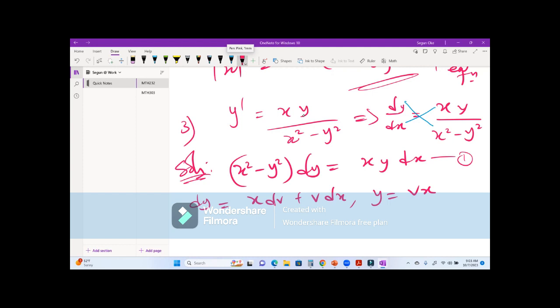So if I change the direction, I can say that I have x times vx dx equals x squared minus v squared x squared, and the dy is the same thing as x dv plus v dx.